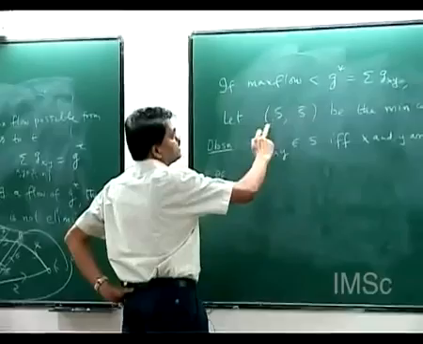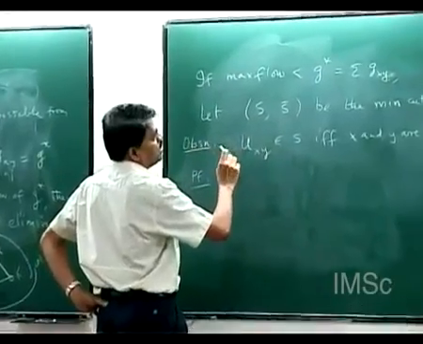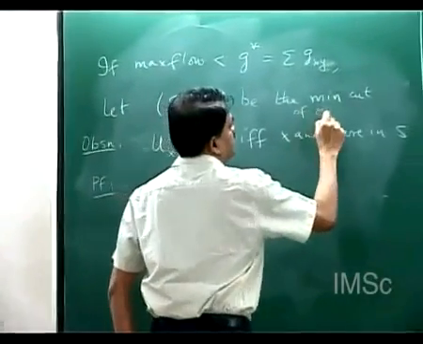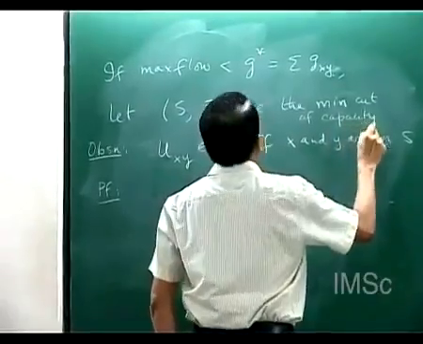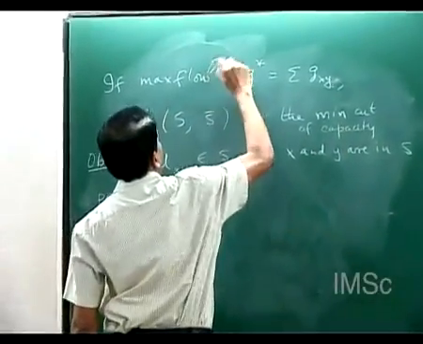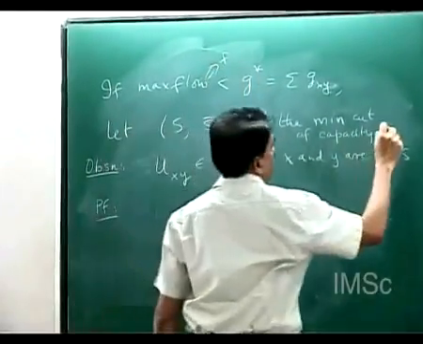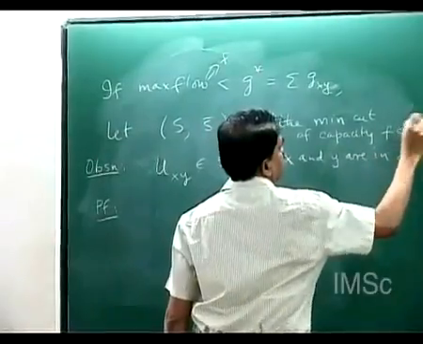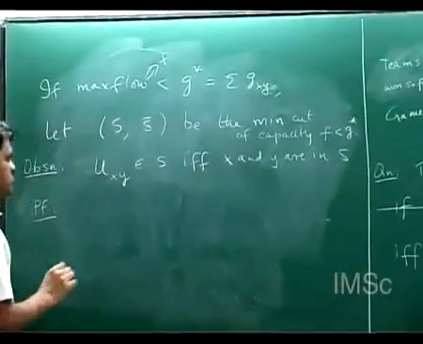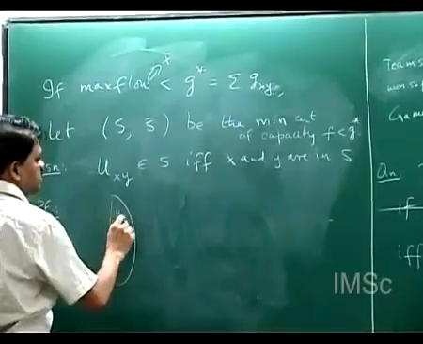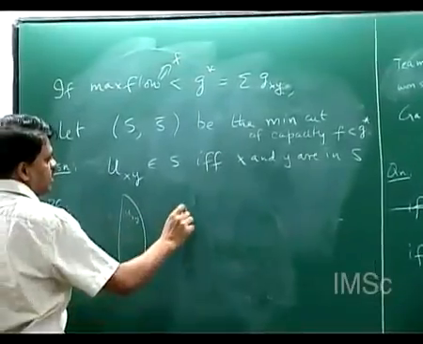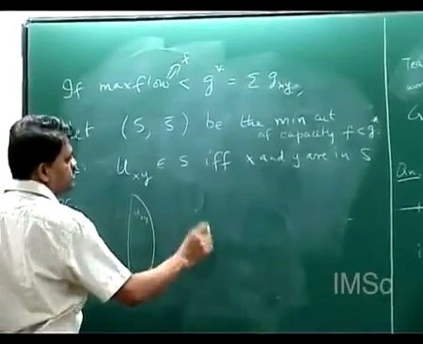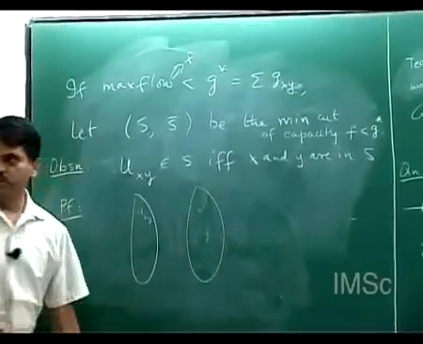Okay. So, this cut has capacity, let us call this some f, which is less than G star. Okay. So, suppose u x y is in S, but x or y is in S bar, what is the problem?